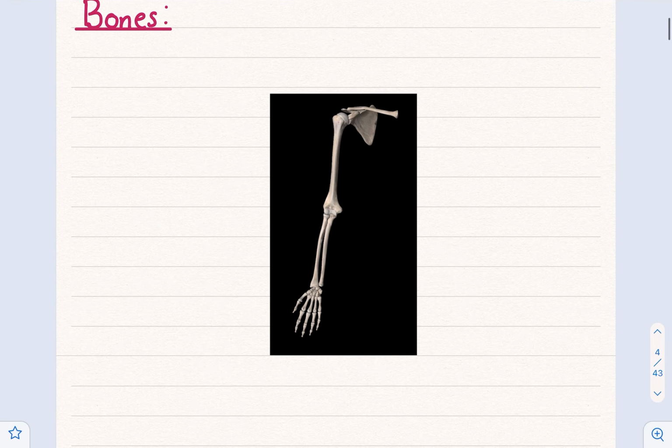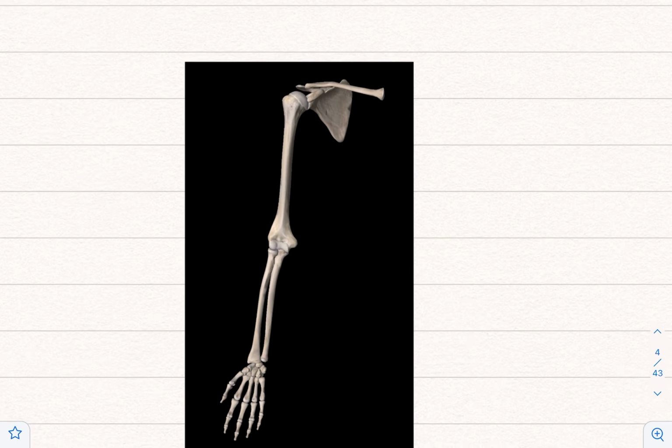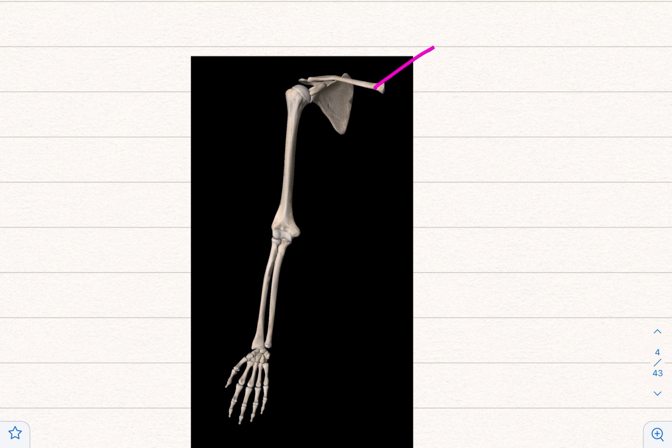Okay, let's get into the actual skeletal system now. So, got the arm. Let's now label the different bones. So here, this one is called the clavicle. This one here is called the scapula. Clavicle being the collarbone.